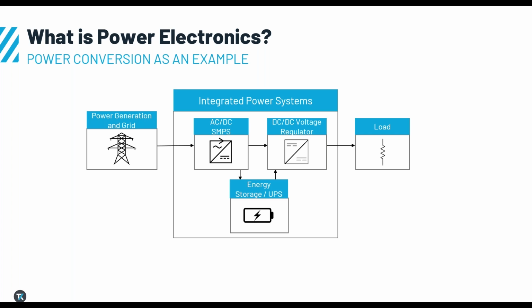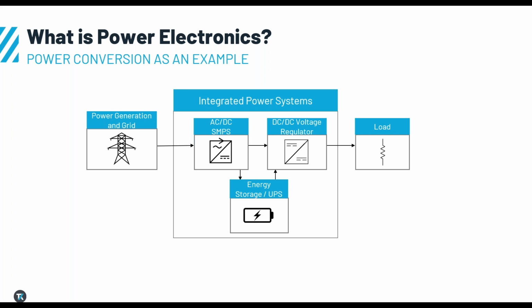We have the switch mode power supply, DC-DC regulator, and oftentimes a storage element, either a battery or a UPS. Again, this is highly generalized for the purpose of this. But power electronics is a branch of electrical engineering focused on the control and conversion of electrical power that often involves high currents and high voltages.